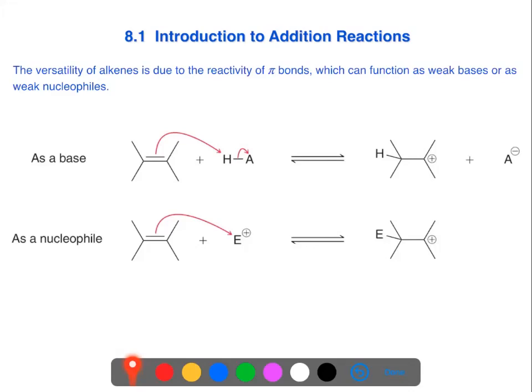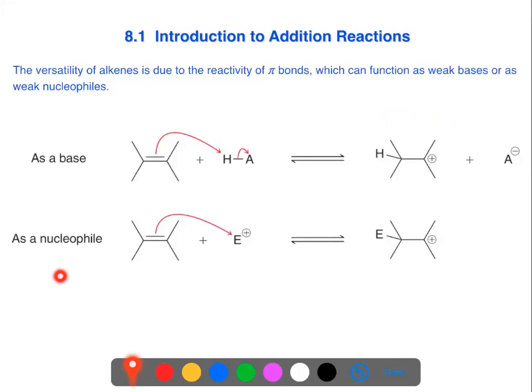You can see in this first example, if the alkene is acting like a base, it's going to be donating the electrons in that pi bond, those pi electrons, to the formation of a new bond with the proton from that particular acid donor. The acid is acting like a proton donor, the alkene is acting as a proton acceptor. The net result in that first step, in this proton transfer, is the formation of a carbocation.